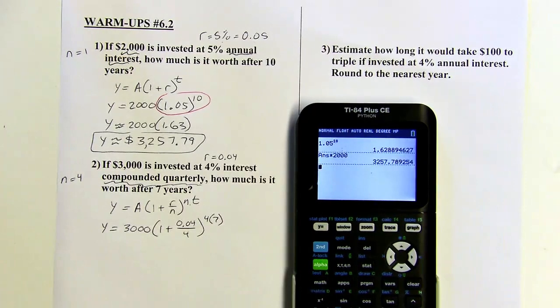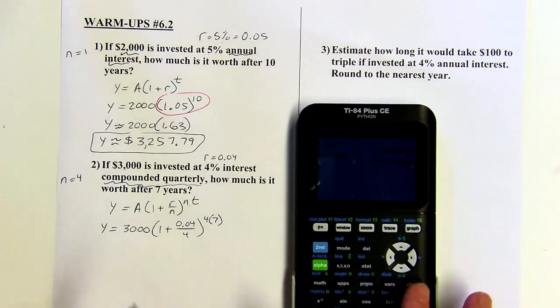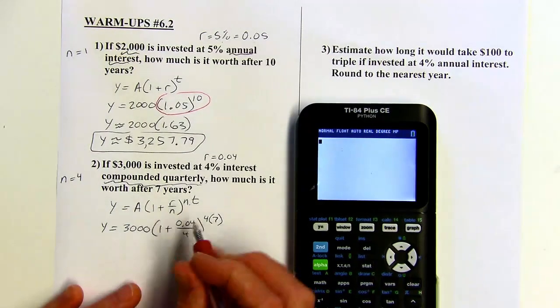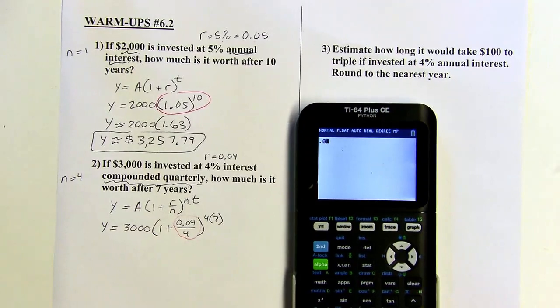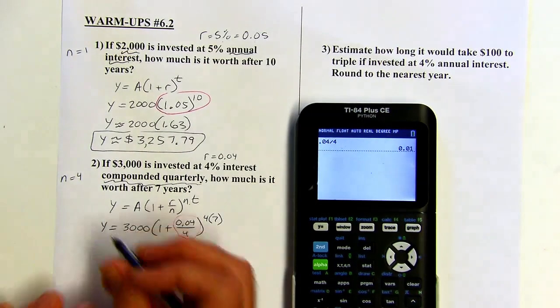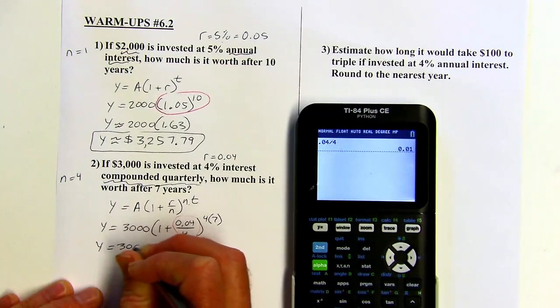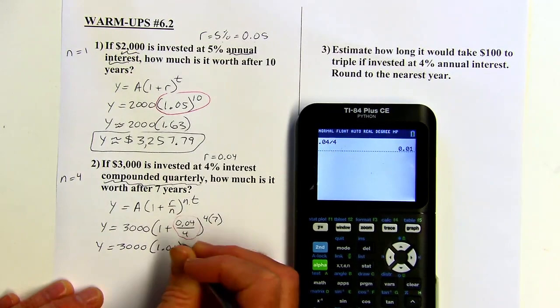And there it all is. Okay, and now I'm going to start sorting this out with my calculator. I always start with the fraction, kind of work my way out from there. So 0.04 divided by 4 is 0.01, and then if I added 1 to that, that means we'd have 1.01, and then 4 times 7 is 28.